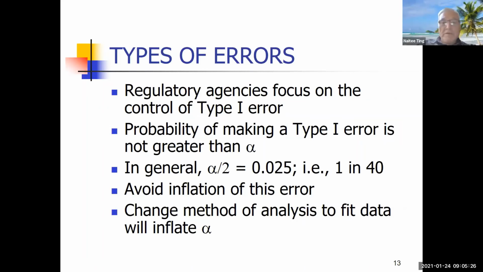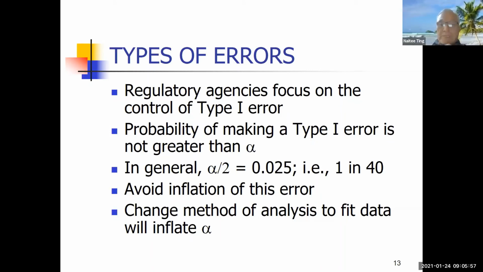Regulatory agencies focus on control of type 1 error. The probability of making a type 1 error is not greater than alpha, so alpha protection. For phase 3, half alpha being 0.025, or 1 in 40. And we want to avoid inflation of this error. This is how you pre-specify in your protocol what you do to make sure your alpha is protected.